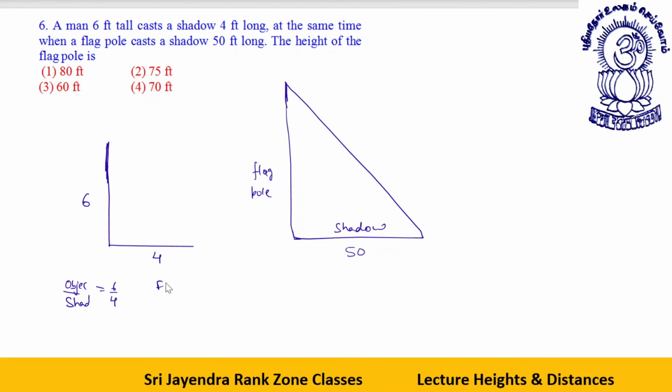So this is like flag upon shadow. Shadow is 50. Okay, dear students. So this will be in the same ratio. So flag upon 50 is equal to 3 by 2, and 50 by 2 comes out to be 25. So flag is equal to 3 into 25, or 75 feet. This is the answer. Fine.